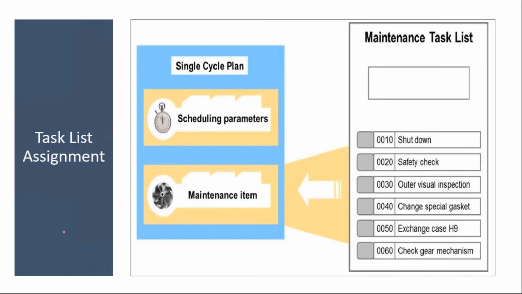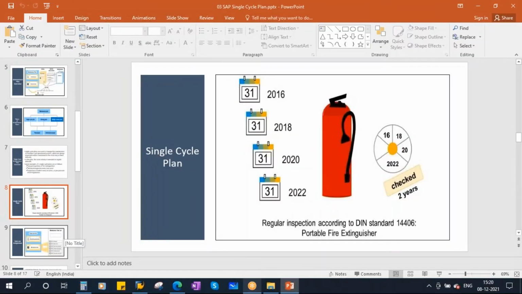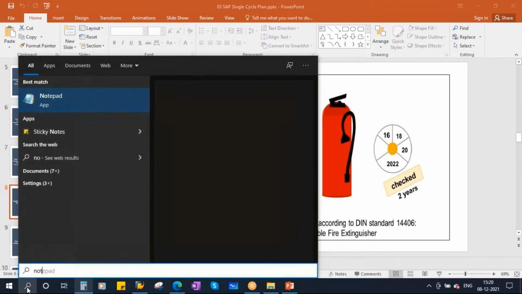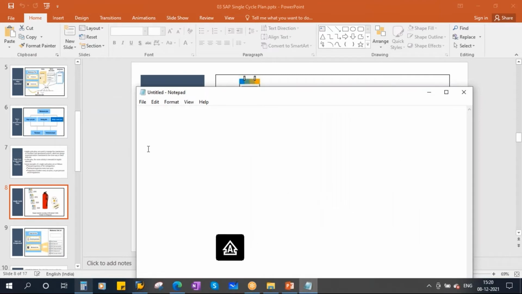Okay, so now we will go to the system and create the single cycle plan. So the T codes are IP41, this is single cycle plan.